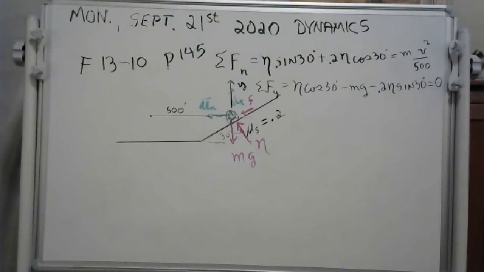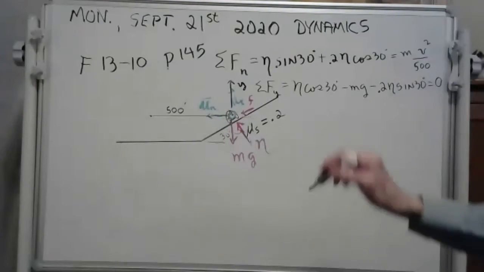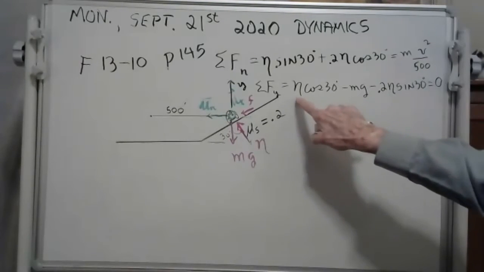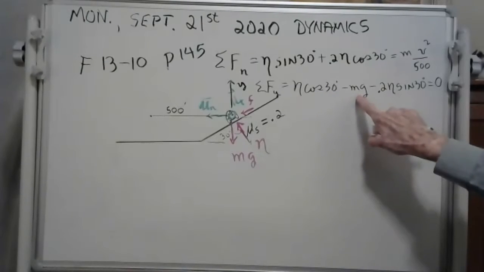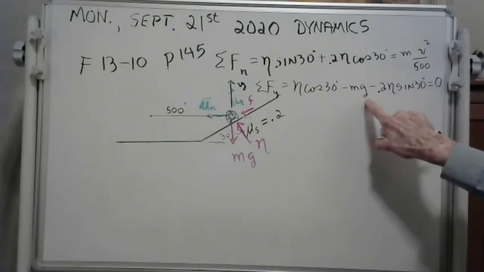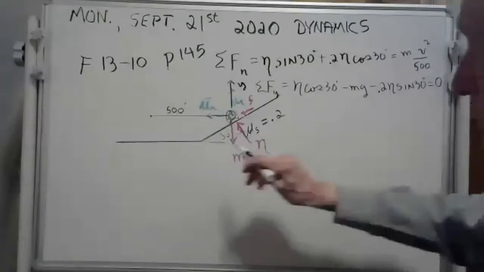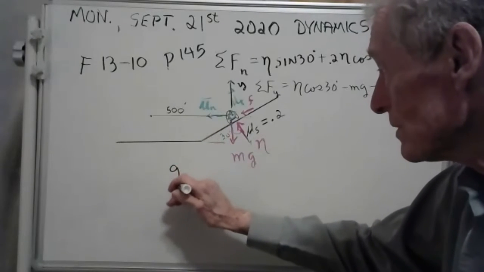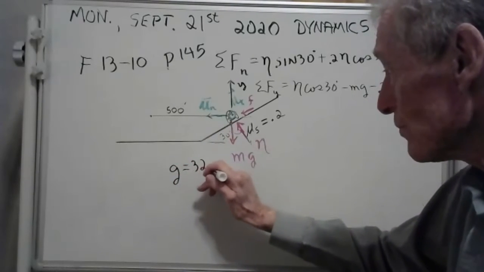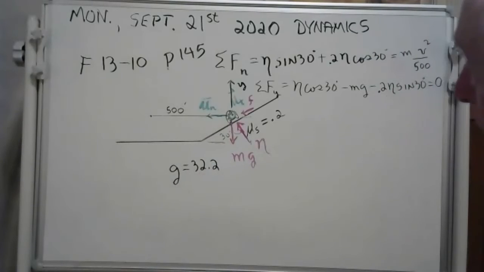Okay, now we made a little progress. We've got 2 equations, and how many unknowns? Well, we don't know the normal, we don't know the mass. You know what? This equation's only got 2 unknowns. We don't know the normal and we don't know the mass. We know g. But watch out, they're talking about feet, so g is going to be 32.2. Okay.